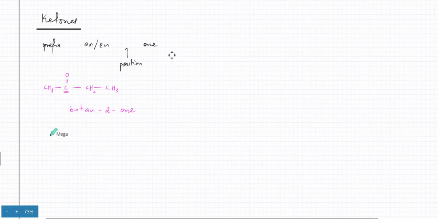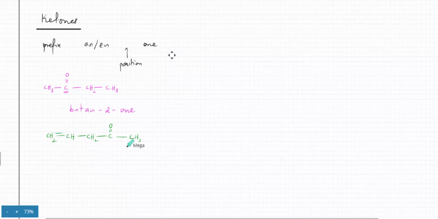Similarly, we can have another molecule, and this molecule has 3 hydrogens over here. Let's say there's a double bond over here, 2 hydrogens over here, a hydrogen over here, and 2 hydrogens on this carbon atom.